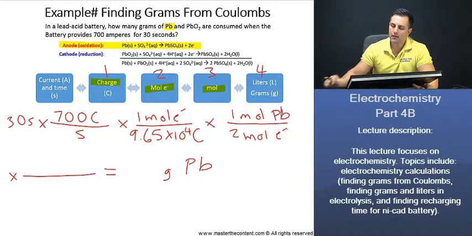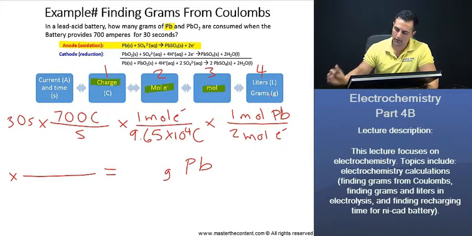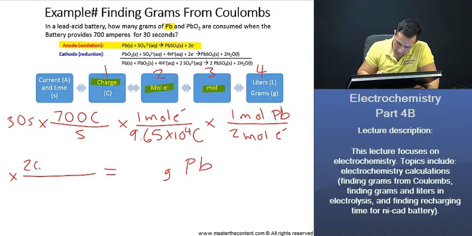Wonderful. And then lastly, our last conversion here is always just going to be your molar mass. If you recall, or you can take a look at your periodic table, you'll find that the molar mass for lead is 207 grams per mole. Wonderful.